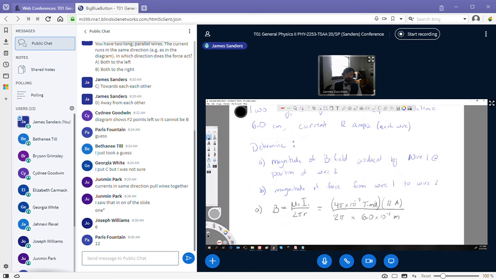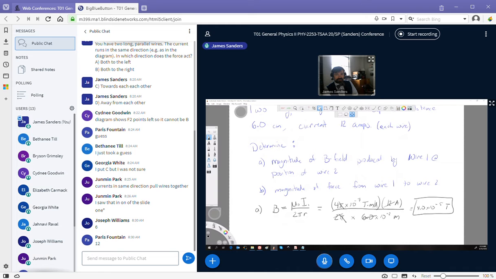We can cancel the pi's. 2 times 6 is 12, so we can cancel our 6's and 2's. We're left with 4 times 10 to the minus 5 Teslas. So that's the magnetic field strength at the position of wire 2 that's produced by wire 1.